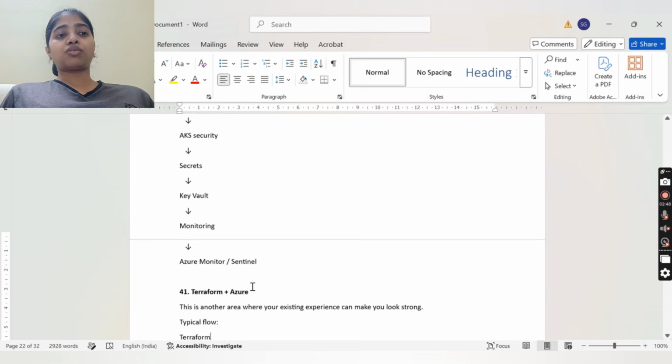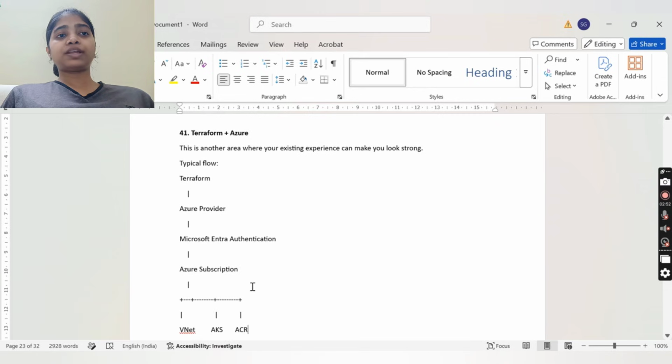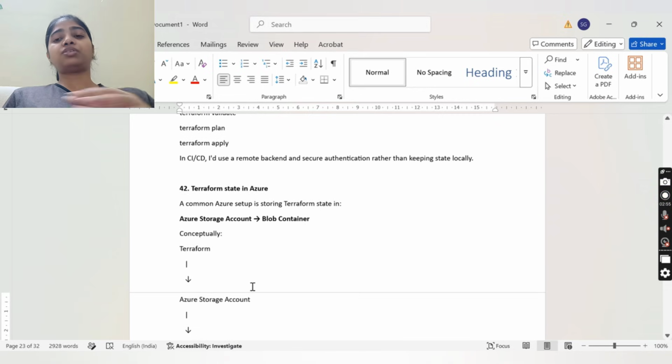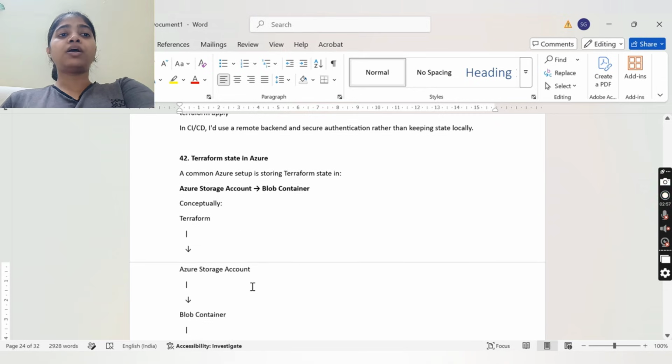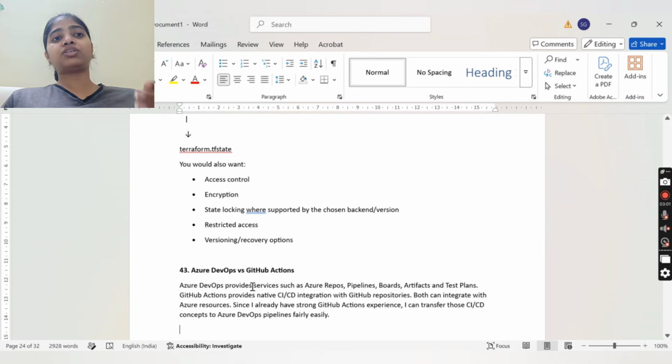Terraform plus Azure. Then Terraform state in Azure, how we store the state file, like in a blob container. You would also want access control, encryption, state locking where supported by the chosen backend or version, restricted access and version recovery options.